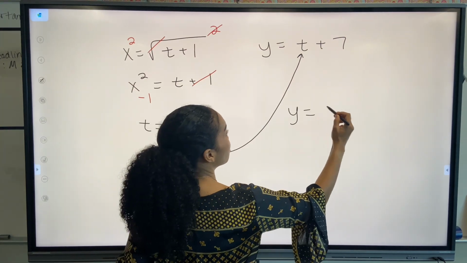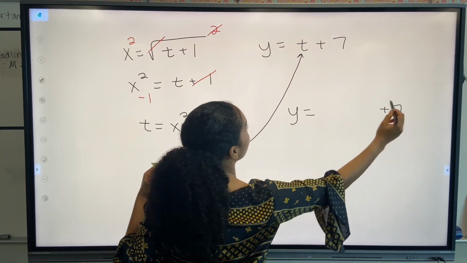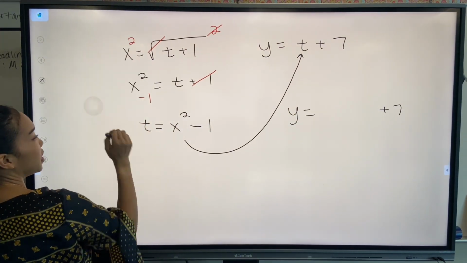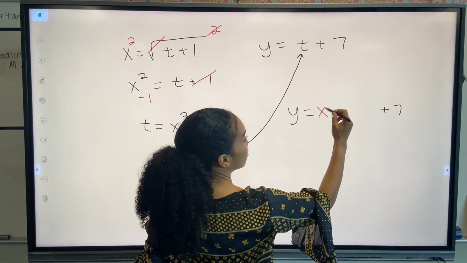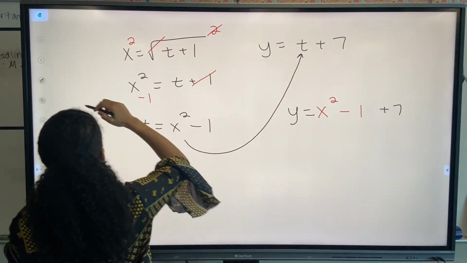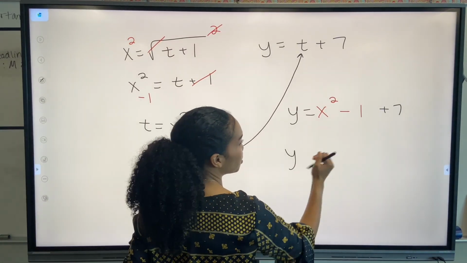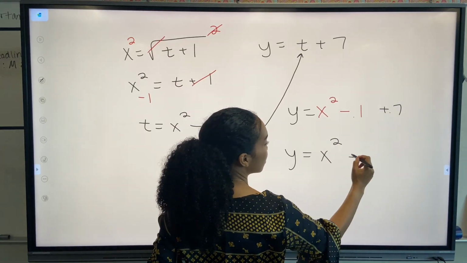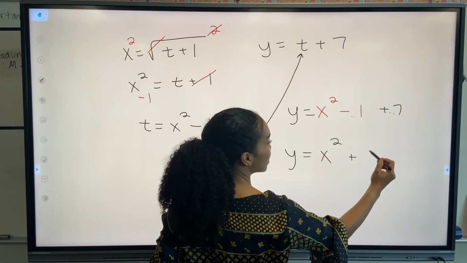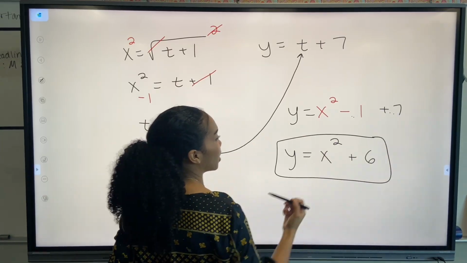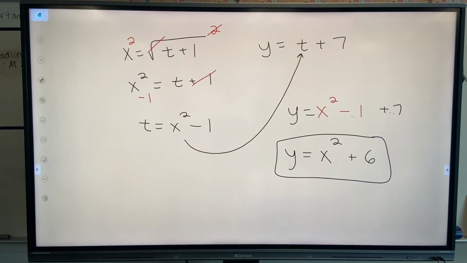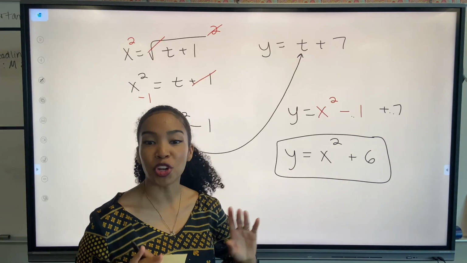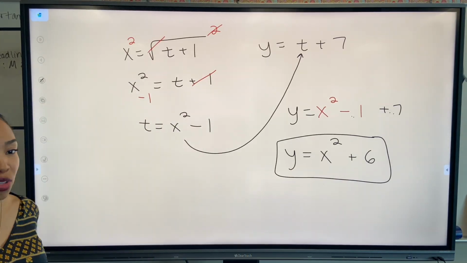So y equals t plus 7, and for t, you're plugging in x squared minus 1. So for your final answer, make sure you combine your numbers. So you have x squared, negative 1 plus 7 is 6. So that's your equation. You have y equals something with no more t's. You eliminated the parameter t.